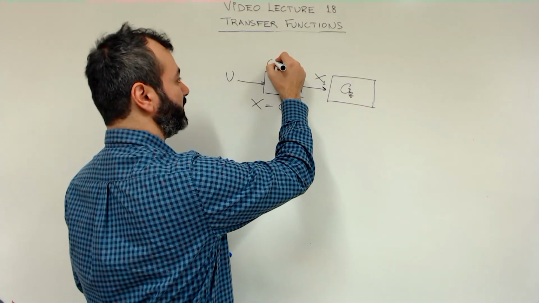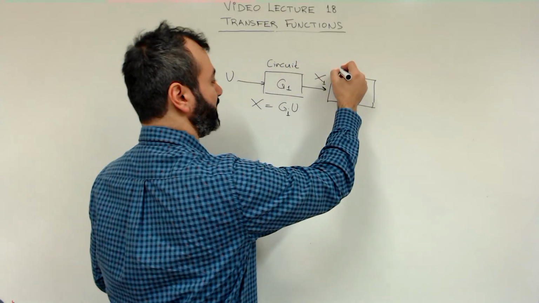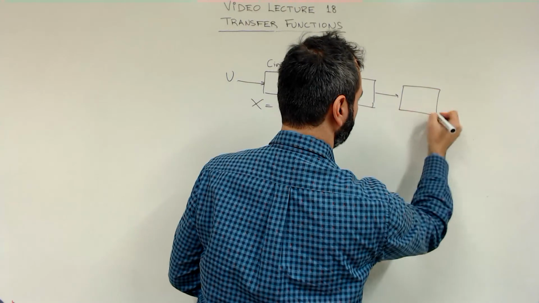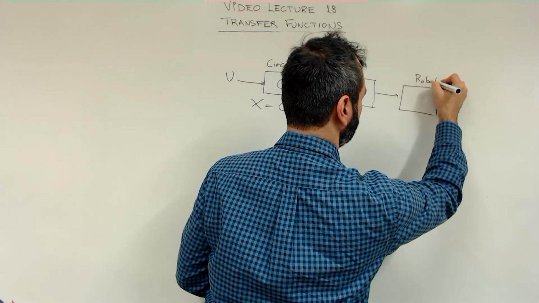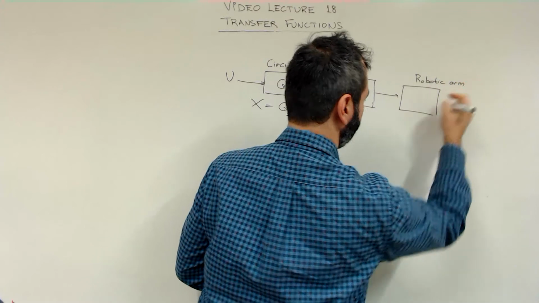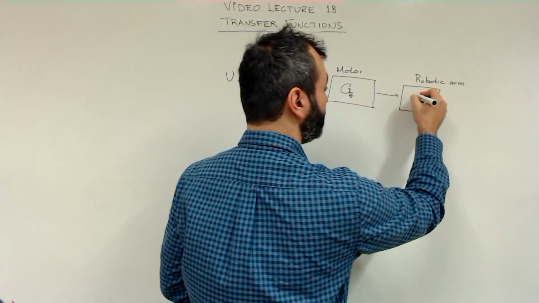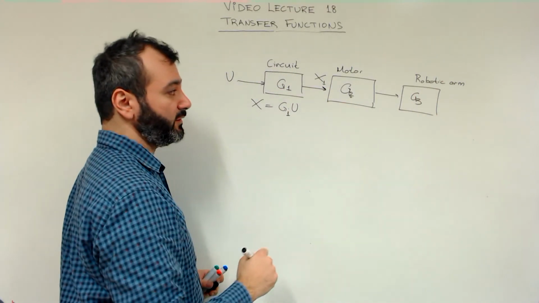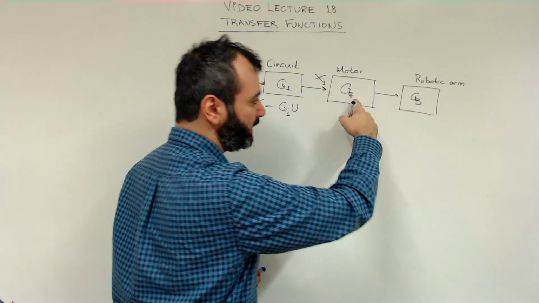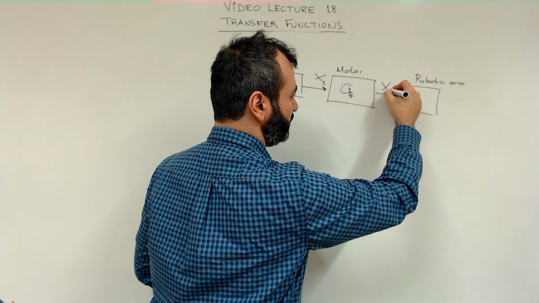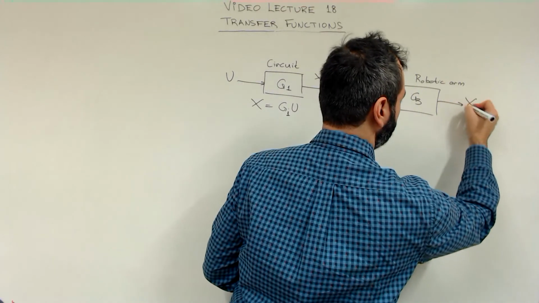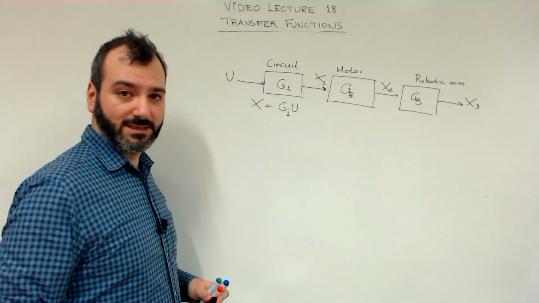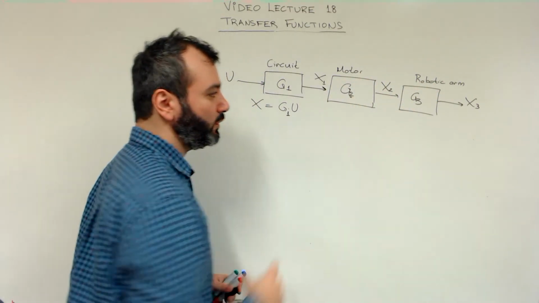This can be a circuit, this can be a motor, this can be a robotic arm, and so on. So the output of a system is the input to another dynamical system. X1 goes into G2, produces X2, goes into G3, produces X3, and so on. But we can study each dynamical system individually and then compose them all together.